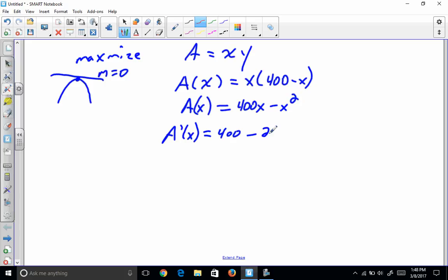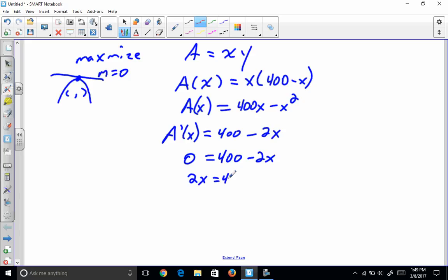Bring the 2 down, x to the 1 less power, so the derivative of that term is 2x. So that's our first derivative. So we want to find out at what x our tangent line is 0. So we set our slope, our derivative, equal to 0.